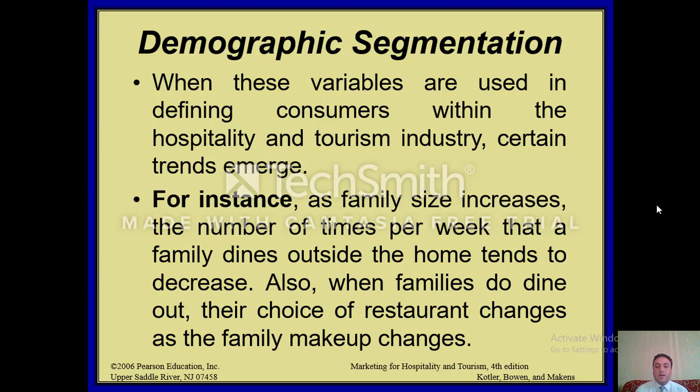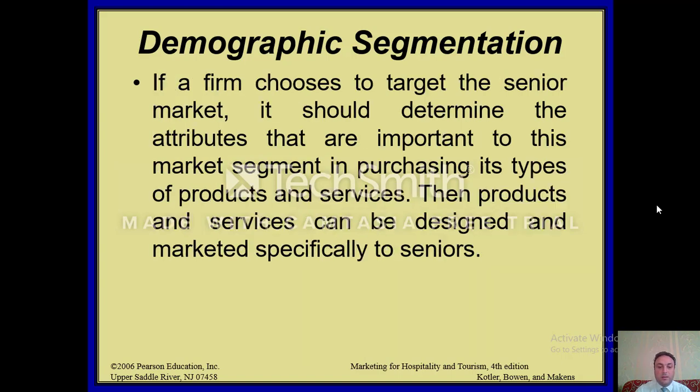For example, as family size increases, the number of times per week that a family dines outside the home tends to decrease. Also, when families do have dinner out, their choice of restaurant changes as the family makeup changes. Maybe the children take the decision where to have dinner and so on.